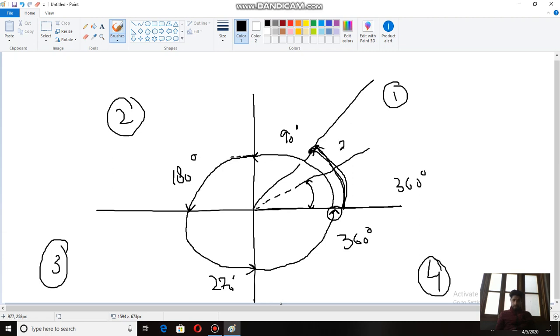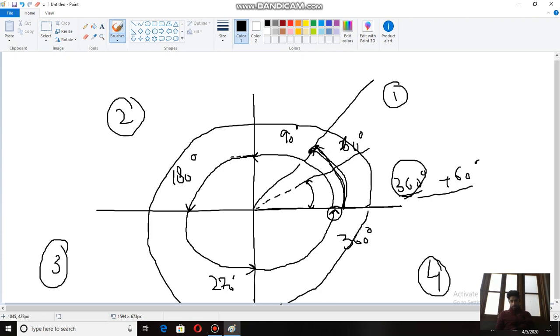For example, it's 60 degrees. Now we have covered first this 360, plus 60 degrees. So 360 means one complete revolution starting from this point and back to this point. After that it is plus 60. Plus why? Because we have moved in anti-clockwise direction.